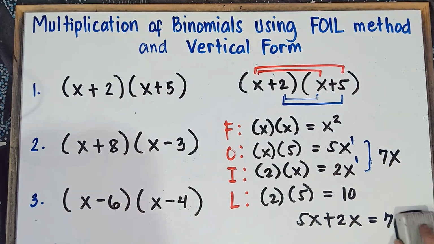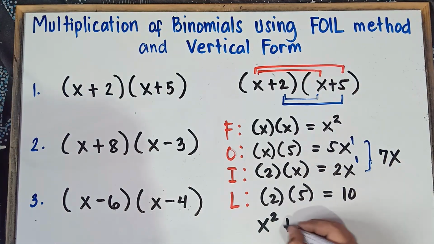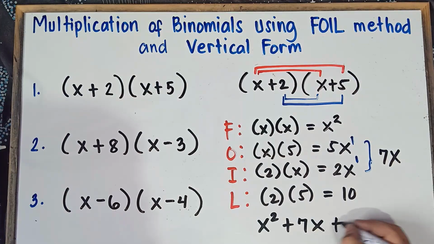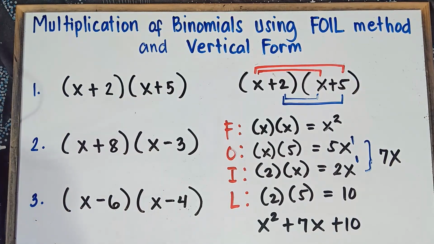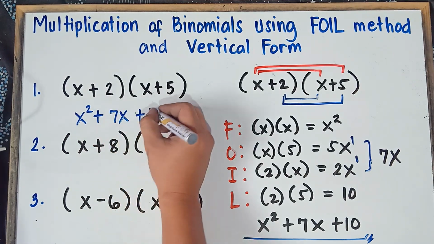And this will be our answer, class. We have x squared, and then 7x, and then positive 10. That's the answer, class, for example number 1: x squared plus 7x plus 10.